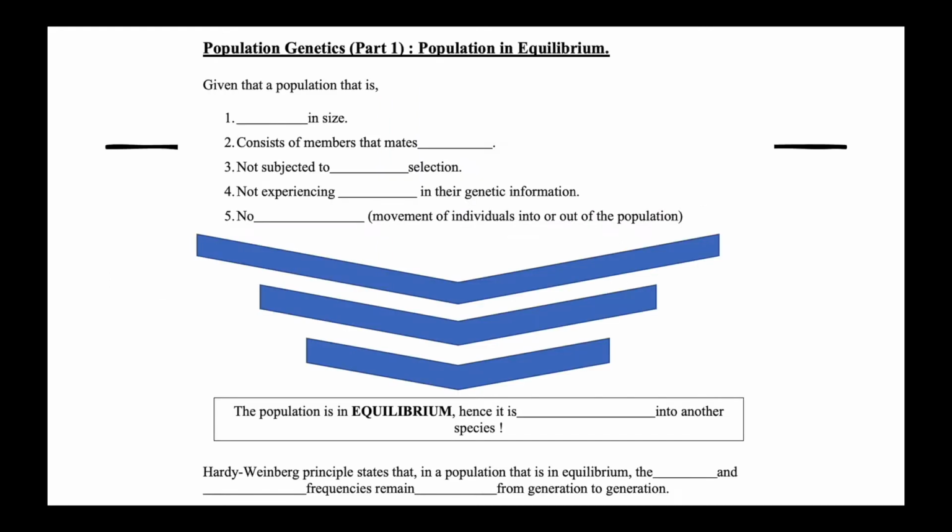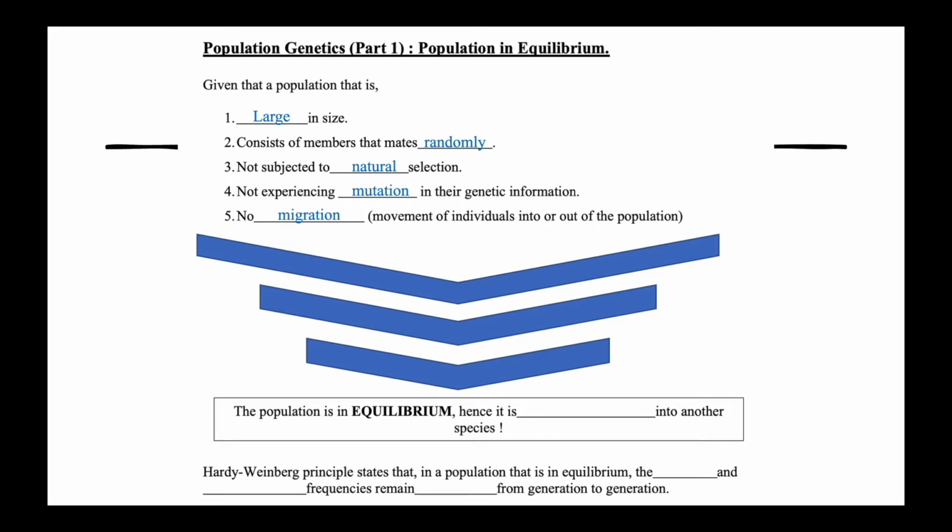Let's begin. Given that a population is large in size, consists of members that mate randomly, is not subjected to natural selection, is not experiencing mutation in its genetic information, and has no migration, or in other words, movement of individuals into or out of the population, the population is in equilibrium.